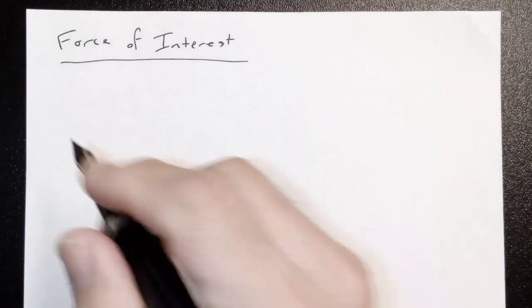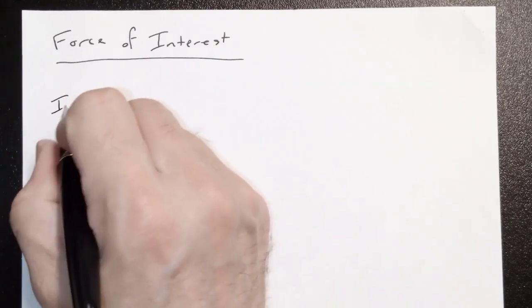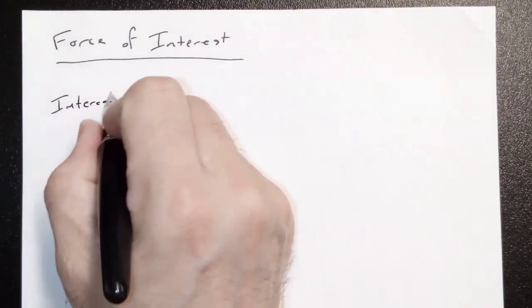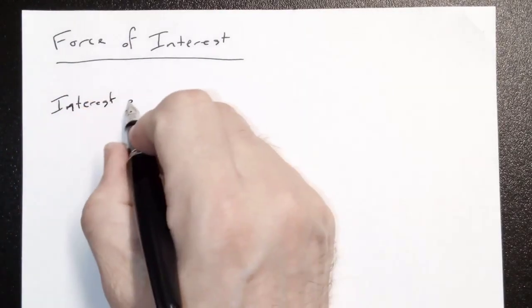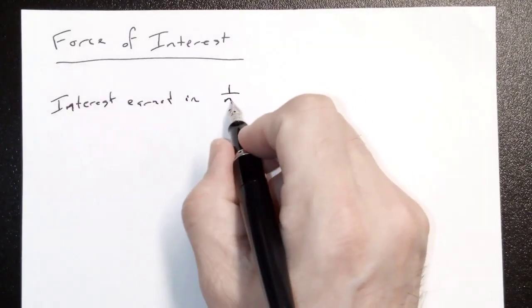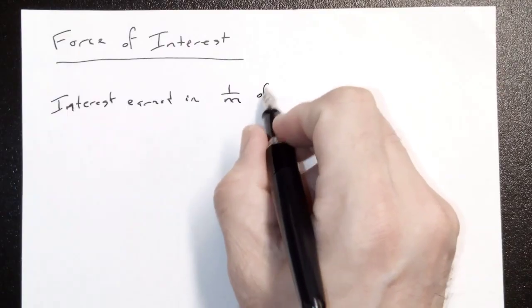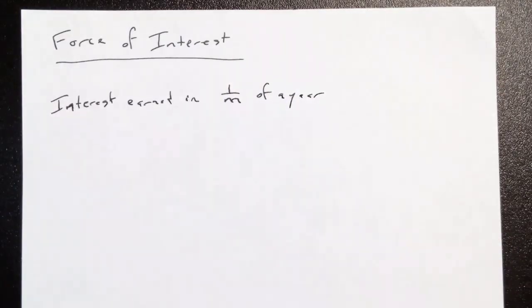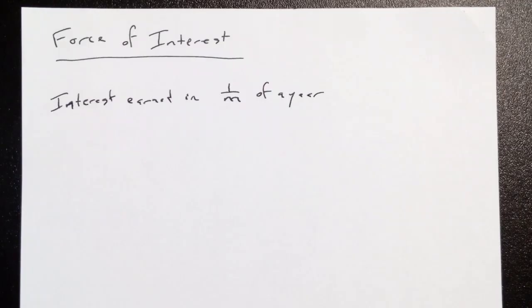So interest earned in some fraction of a year would be based on our accumulation function.